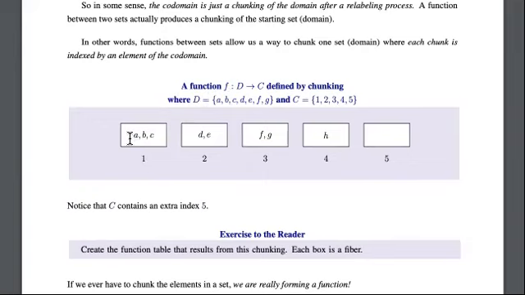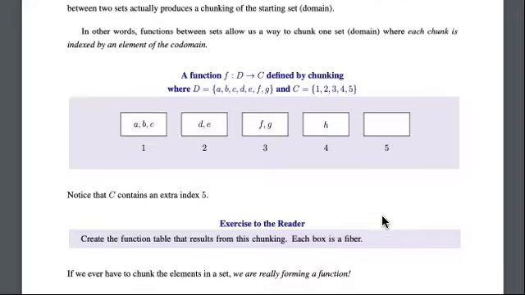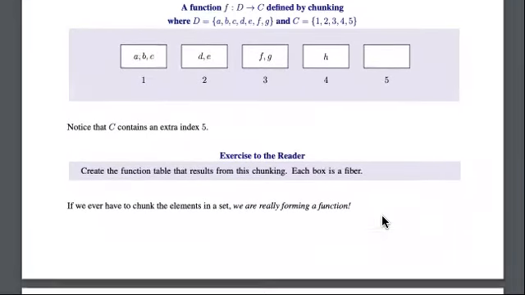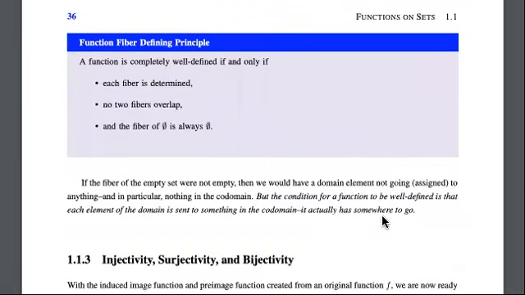Okay, so A goes to 1, B goes to 1, C goes to 1. So all these merge together in the relabeling process of this function. D and E merge together to 2. F and G merge together to 3. H goes to 4, and nothing goes to 5. Okay, so you can call this a fiber box or chunking type diagram.